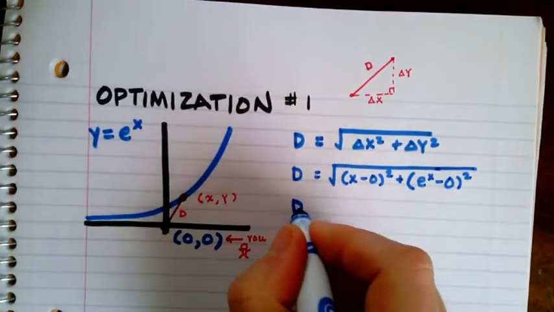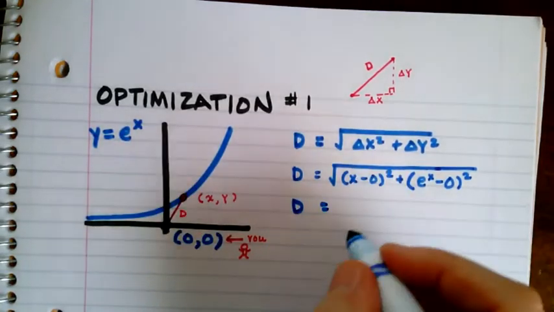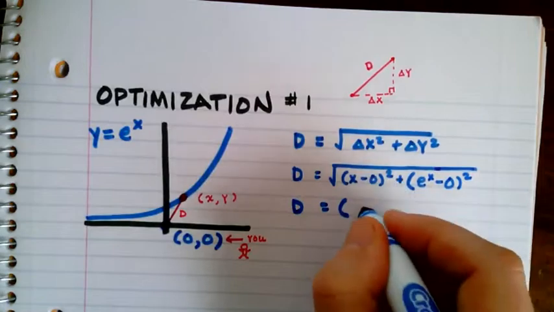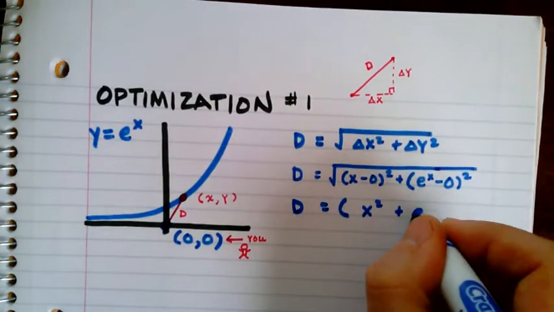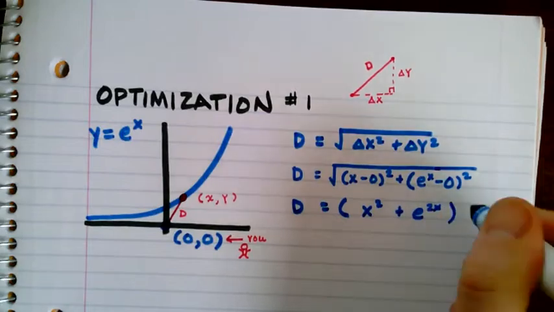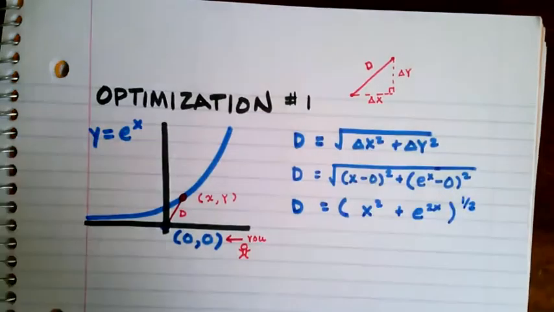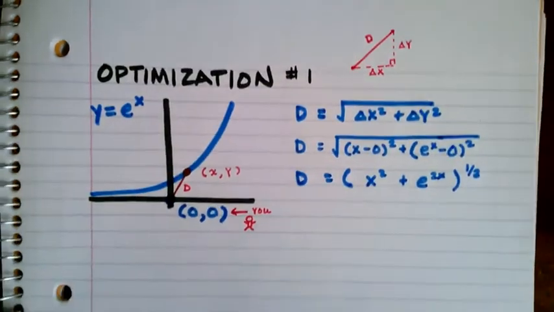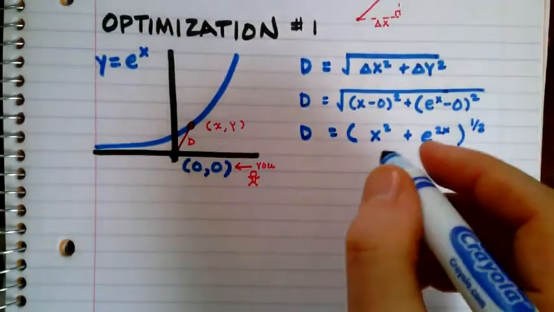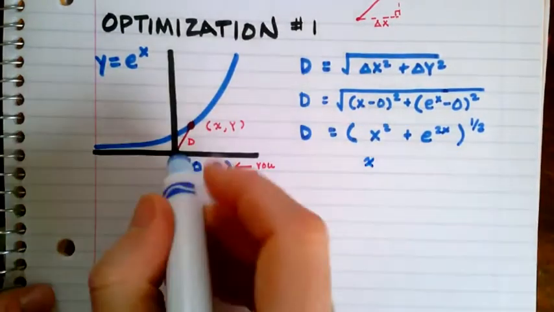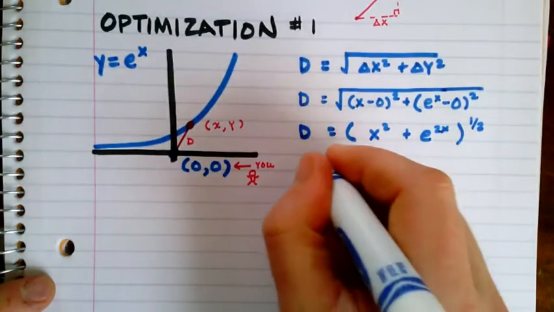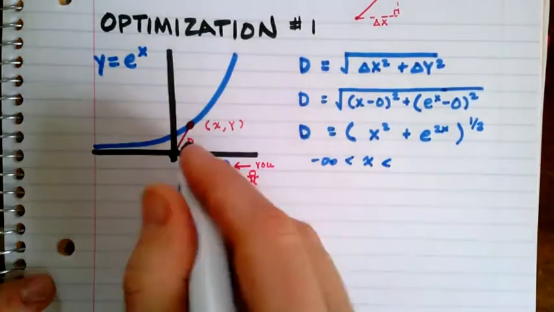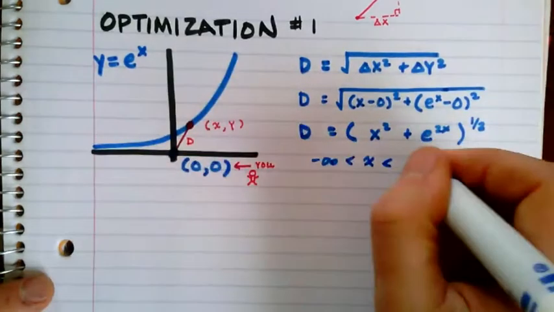So the distance, I'm going to simplify this a little bit, is really x squared plus e to the x squared, which would be e to the 2x, all to the half power. Last thing is you want to think about what the possible values of x are. In this case, x could really be anything. It could be way over here down to negative infinity or all the way up here to positive infinity.